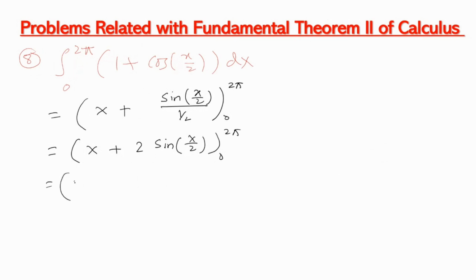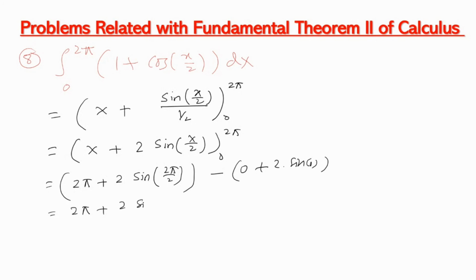So we'll first put the limit 2 pi. So 2 pi plus 2 sine 2 pi over 2, minus 0 plus 2 sine 0. So that will be 0. So this is 2 pi plus 2 sine pi. So this is equal to 2 pi.